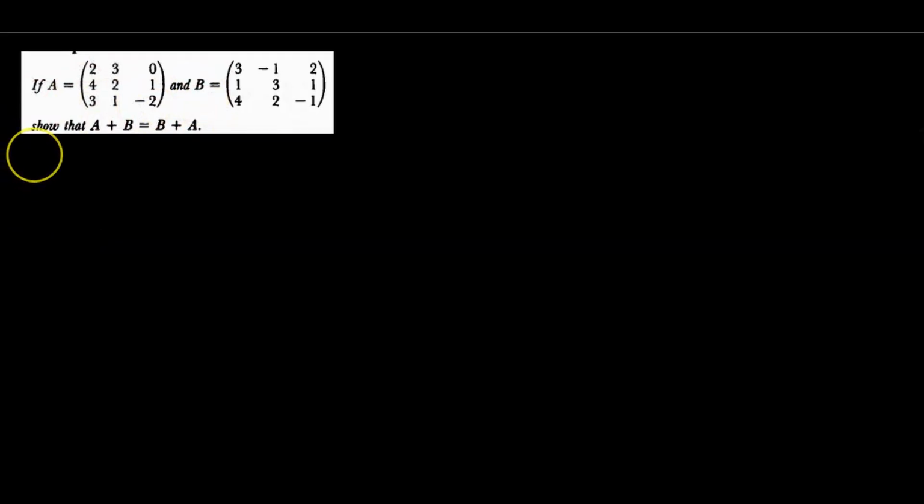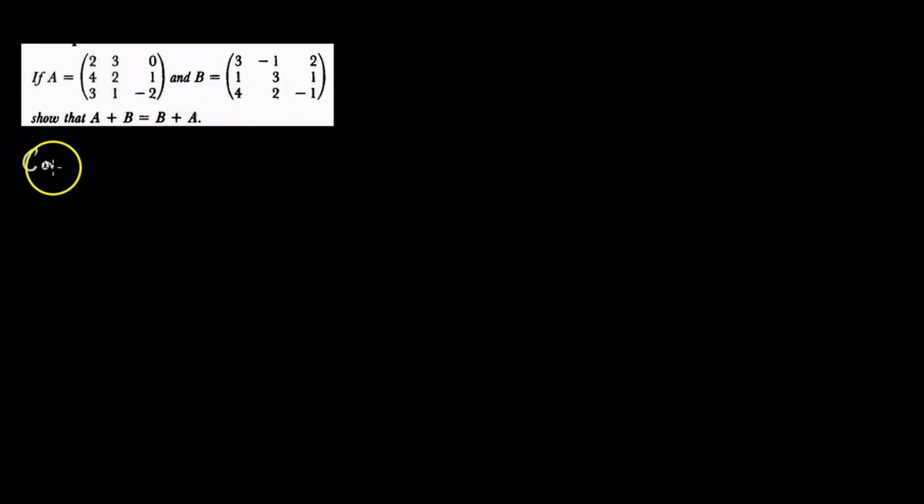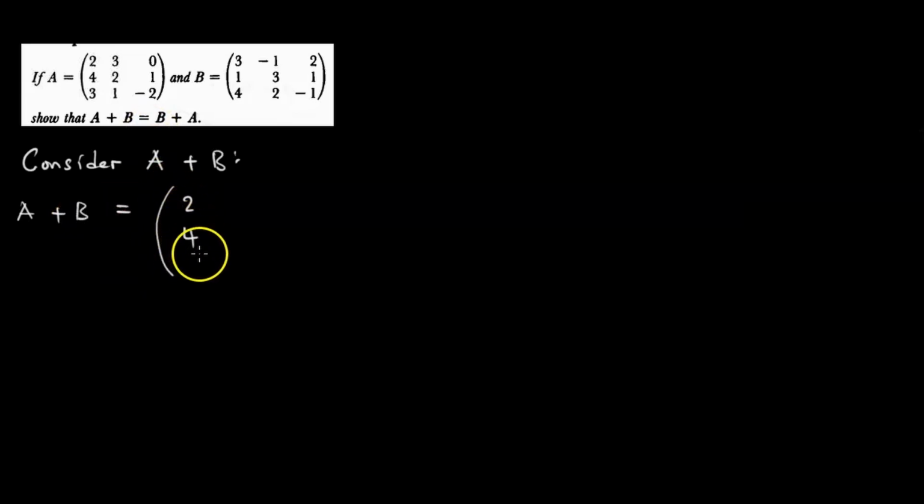That means we can add them. So, to answer this question, we want to consider A plus B. So A plus B is equal to, what is matrix A? 2, 4, 3, then it's 3, 2, 1, 0, 1, minus 2, like that.